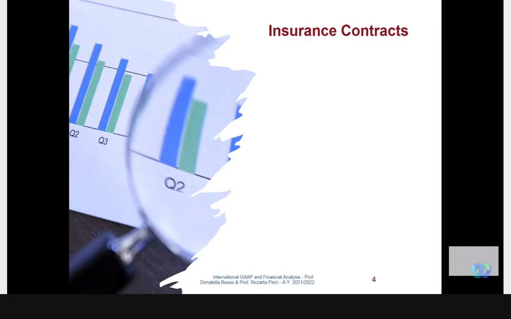I need to have some time to focus later on another example that we will see through an Excel spreadsheet, where we can basically build from the beginning for ourselves all the parts and components of the insurance contracts.